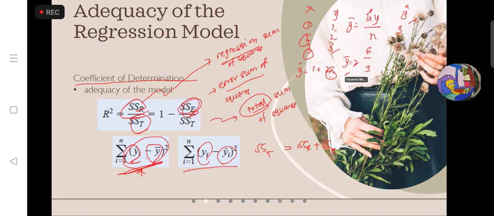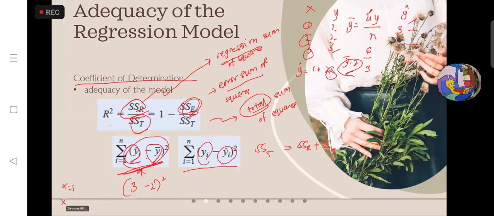So for our y hat, for every data, atong minusan sa y bar. So sa kani, atong y hat is 3 when x equals 1, minus our y bar is 2, squared.